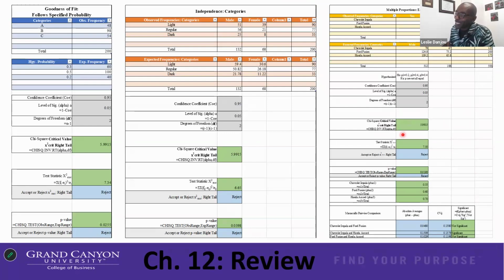If it says do not reject, it means that your proportions are basically equal. But if you see rejected, it means that your proportions are not equal. The hypothesis test follows the same pattern. It doesn't matter which test you're using. So this is why in chapter 12, we were able to do three hypothesis tests.